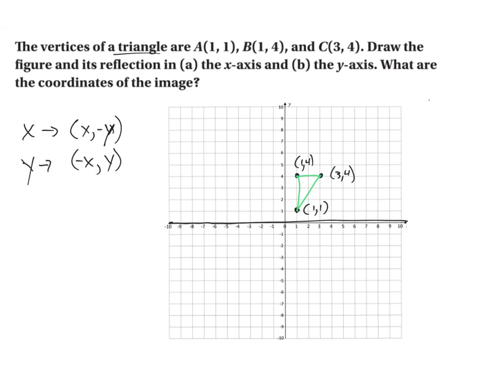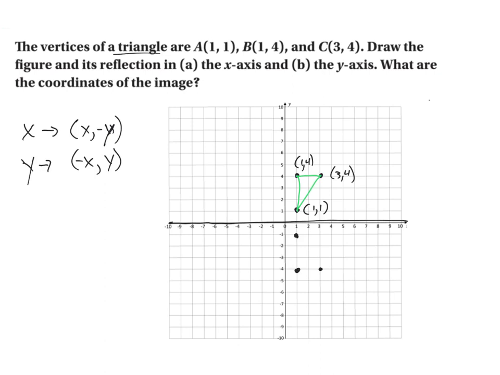This 1, 1 becomes 1, negative 1. This 1, 4 becomes 1, negative 4. This 3, 4 becomes 3, negative 4. So let's just go ahead and do that: 1, negative 1, 1, negative 4, and 3, negative 4.